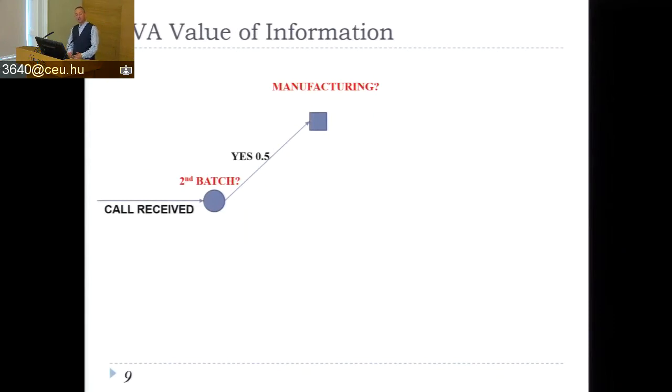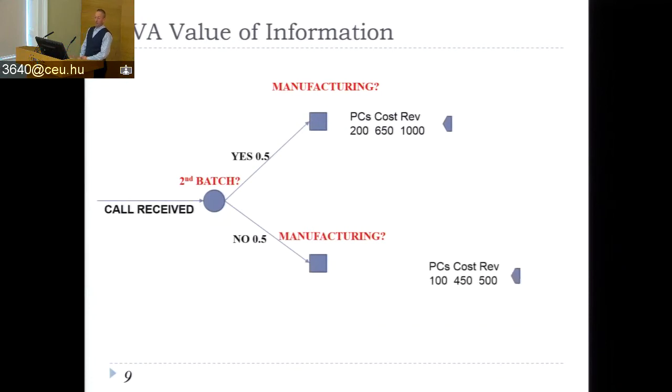And once again, we can go back to our initial assumption that it's a coin flip. It's 50-50%. So Boston Dynamics will either get it or it won't get it, right? So there is a 50% chance that Boston Dynamics gets the government tender and therefore asks for the second batch, and a 50% chance of Boston Dynamics not getting it and therefore not asking for the second batch.